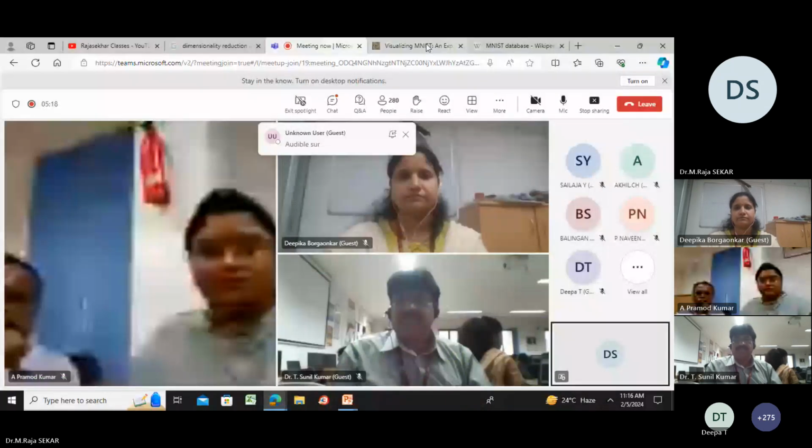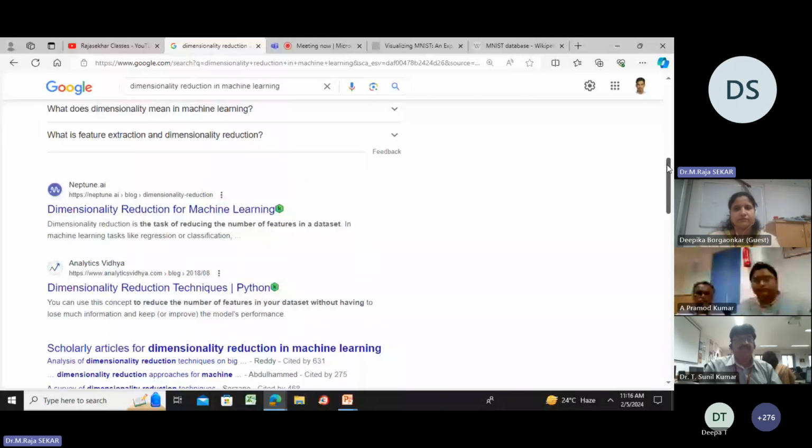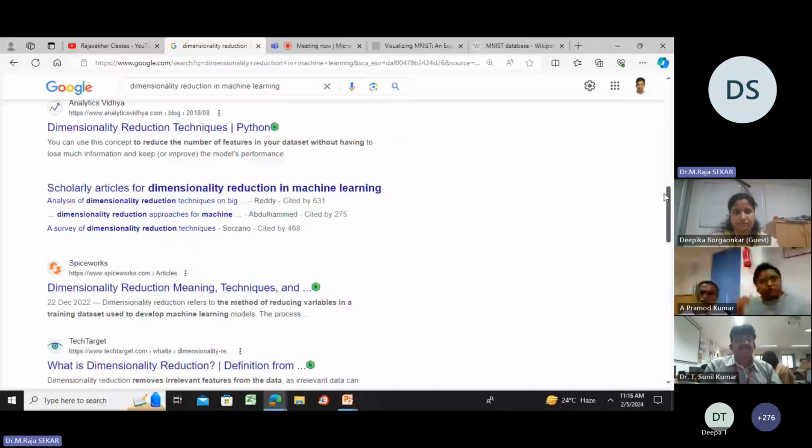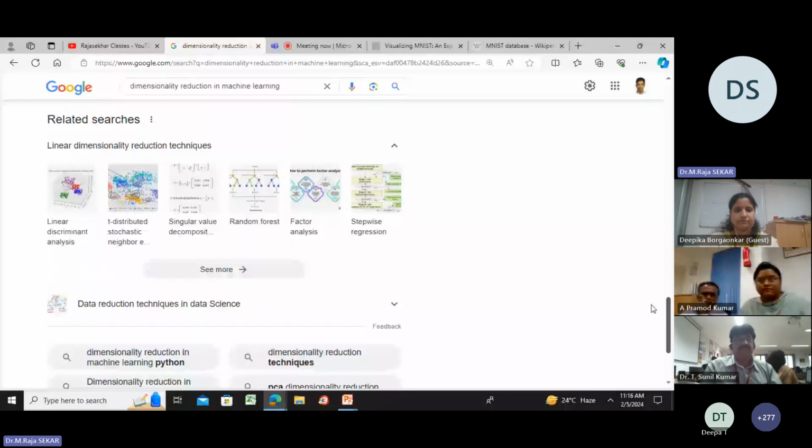Actually, in Google, I just typed this: dimensionality reduction in machine learning. Is it visible? Just see what it gives. It is giving so many blogs on dimensionality reduction for machine learning. There are so many articles: what is dimensionality reduction, overview, popular methods, 11 dimensionality reduction techniques. There are so many things.